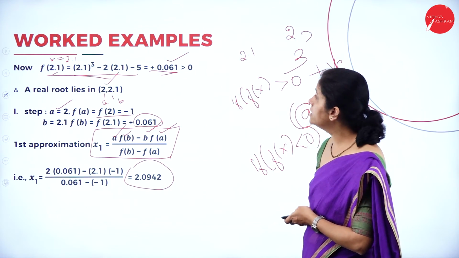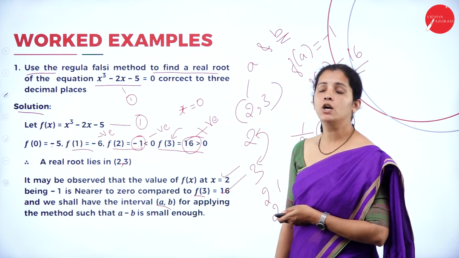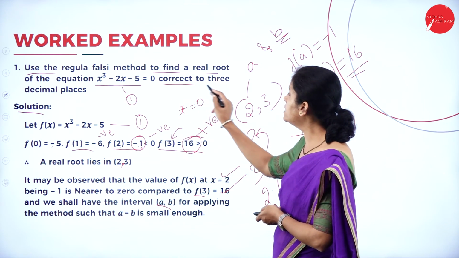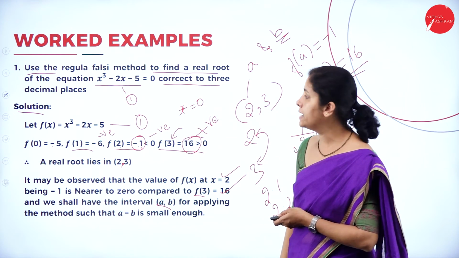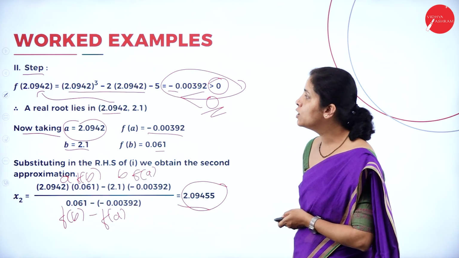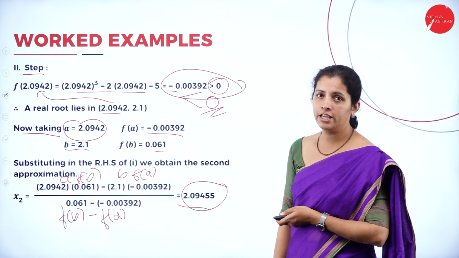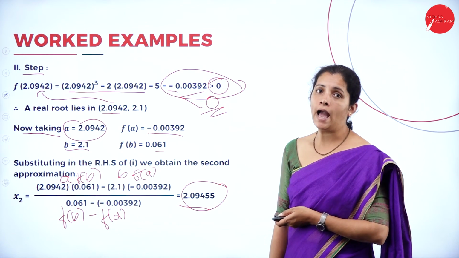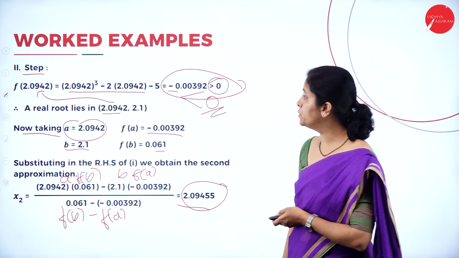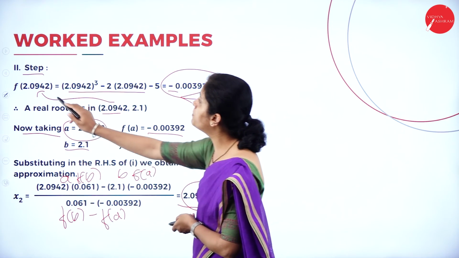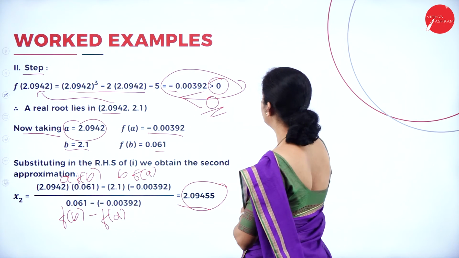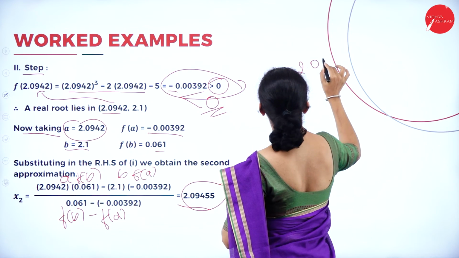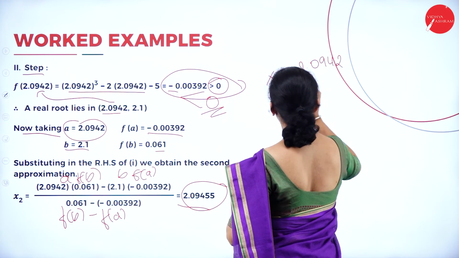So, dear student, in the question, they mentioned that I want to stop my iteration when it is correct to 3 decimal places. They did not mention when to stop; they mentioned I want to stop when I have 3 correct decimal values. See here, if I consider the previous x value, it is 2.0942. This is my x1.